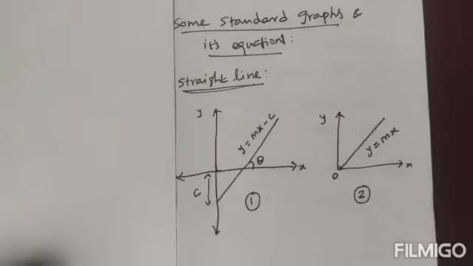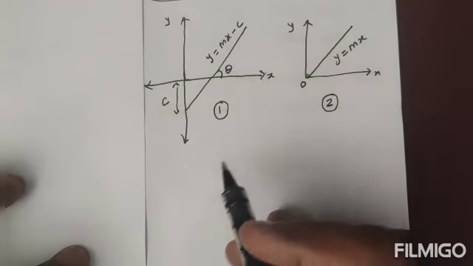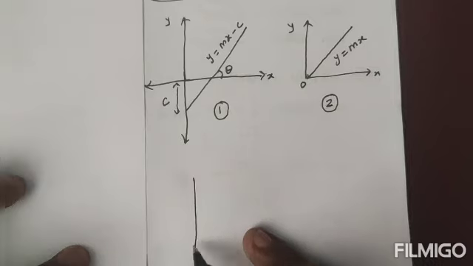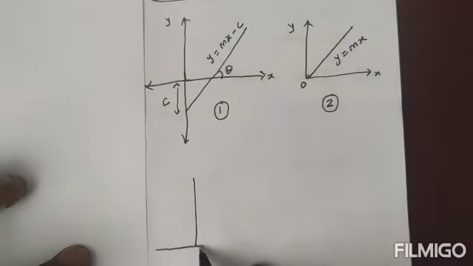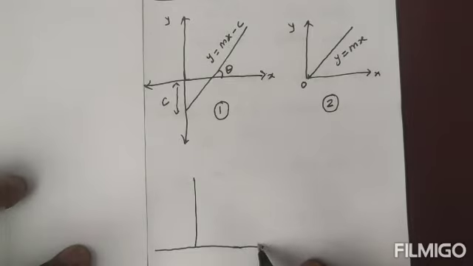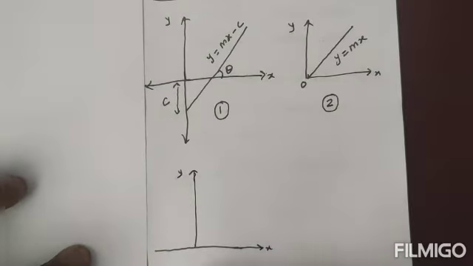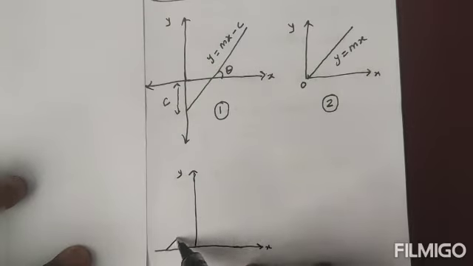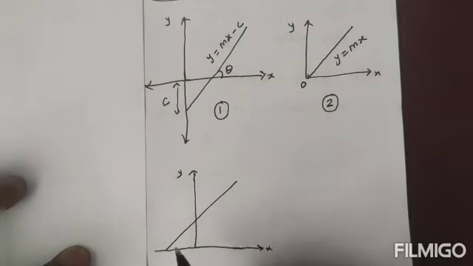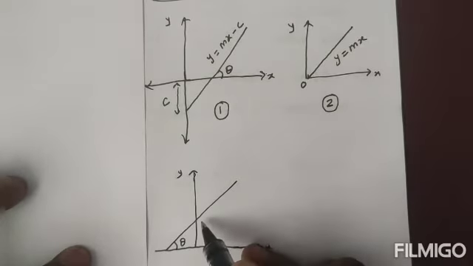Next let's see graphical diagram number 3. So this is the x-axis, this one the y-axis. Now suppose the graphical diagram structure is like this, actually here this is theta.